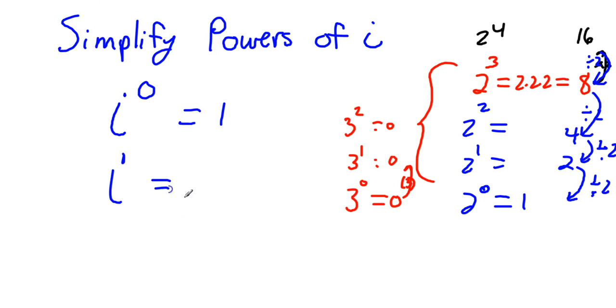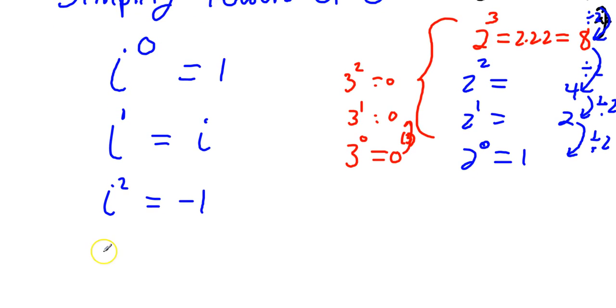Okay, out of the first power. Anything to the first power is just itself. So that's I. Just a minute ago, we said that I squared is negative 1, because that was the whole thing that everything was looking at. And I to the third, they kind of break it down and say, all right, well, I to the third would be the same thing as I to the 2 plus 1.